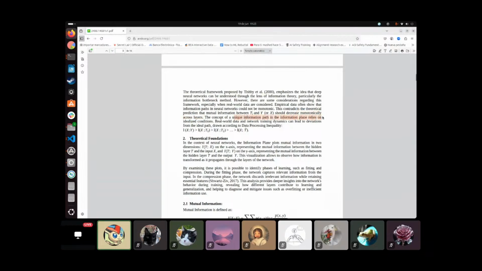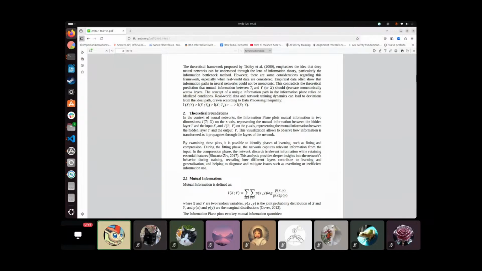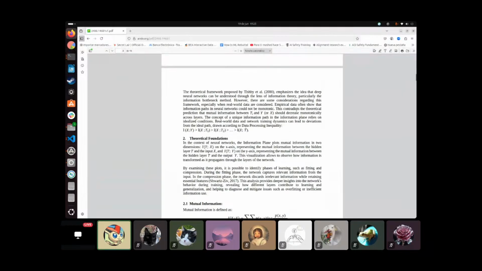The concept of a unique information path in the information plane holds in idealized conditions. Real-world data can never lead to the ideal path, according to the data processing inequality. Yeah, whatever, but it makes sense that in practice neural networks don't have a single path, they have multiple.